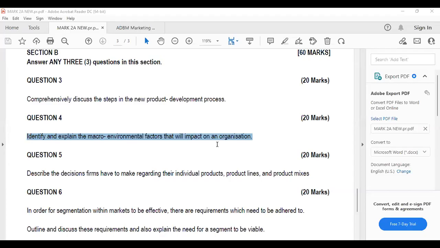Right. The last one, I think it's question number 4, is asking here, identify and explain the macro environmental factors that will impact on an organization. I think this one is also straightforward, and I don't think it will have a lot of problems, but I think it's on Unit 3.